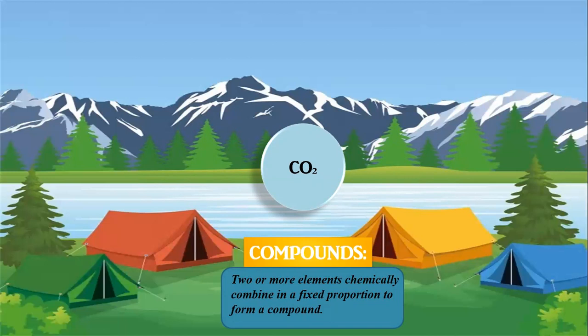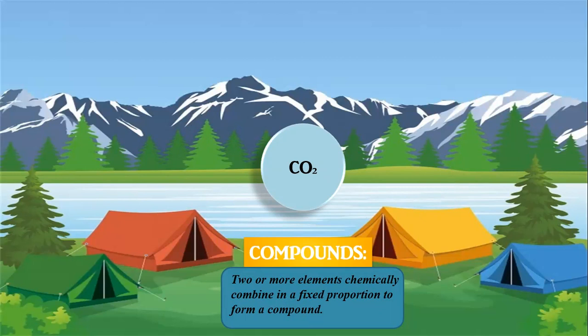And students, this is fixed throughout. Whether you go to America, Australia, Europe, or Africa, everywhere the formula for carbon dioxide is CO2. That is, it is fixed. So compounds are formed when two or more elements combine chemically in a fixed proportion.